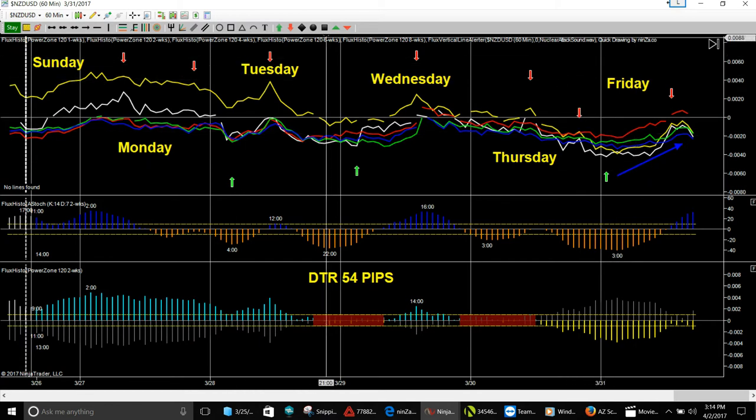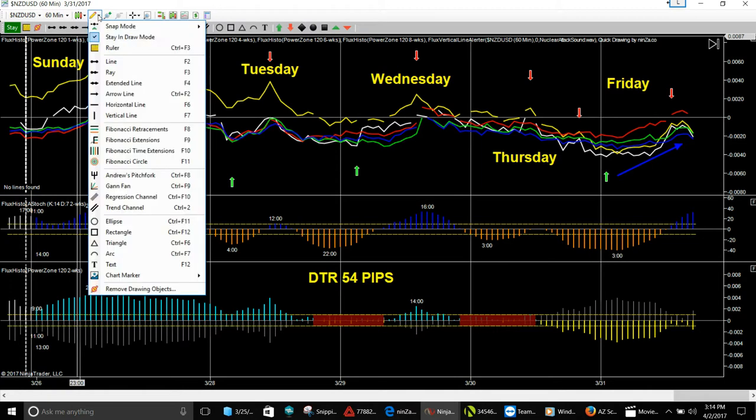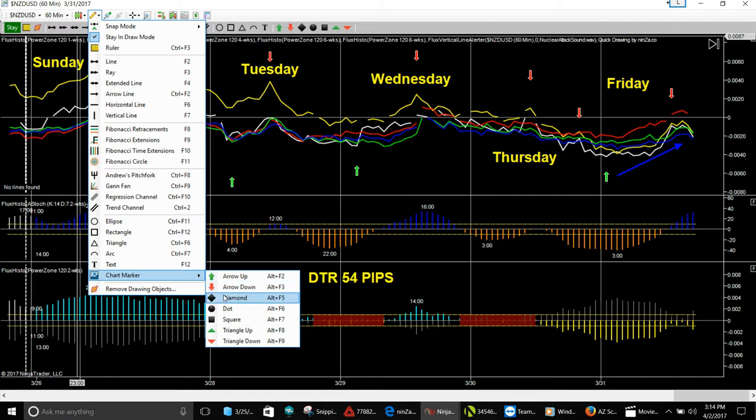And then also, traders, I'll show you where I got this toolbar. It's a free toolbar for NinjaTrader because it makes marking up the charts so much easier when you have them available, versus I would have to click on this, go to chart markers, then that comes out. You know how much time that would be? Ridiculous.